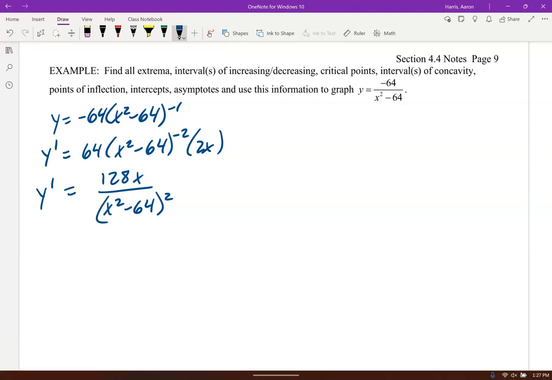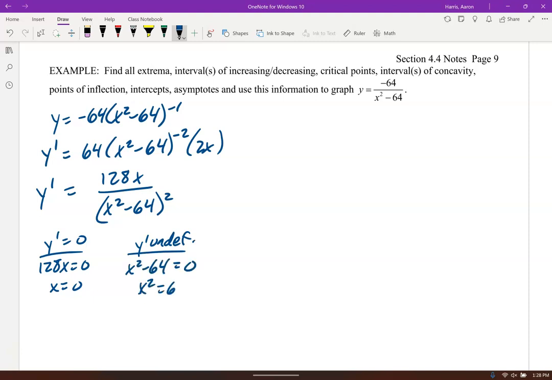Okay. And so where would y prime be 0? X being 0. Where is y prime undefined? X squared minus 64 equals 0. X squared equals 64. So x equals plus or minus 8. I would make a little note on this.